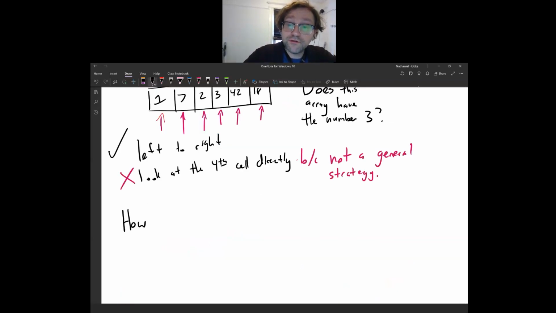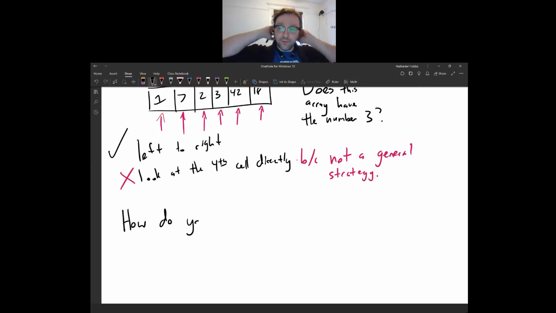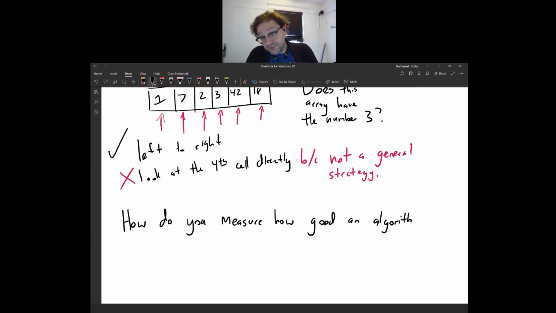How do you measure how good an algorithm is? Besides working and not working, and really we just want algorithms that work.